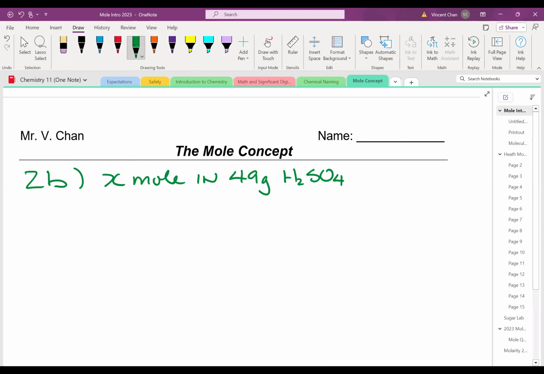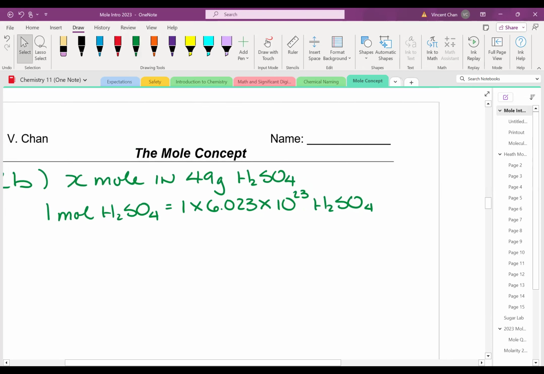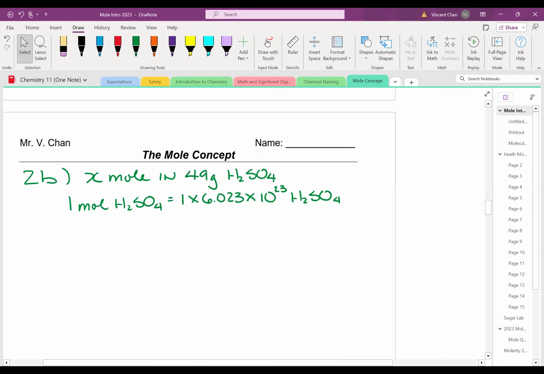So the first thing I would do is look at my relationship. Here, 1 mole of H2SO4 is equal to 1 times 6.023 times 10 to the 23 H2SO4, and that would be equal to, if I expand this a little bit, sulfur is 32.1, and 16 times 4, and 2.